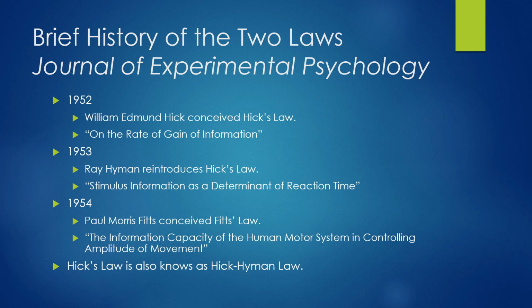The year after that, in 1954, Paul Morris Fitts conceived Fitts' Law in "The Information Capacity of the Human Motor System in Controlling the Amplitude of Movement." It's a good fact that Hick's Law is also known as the Hick-Hyman Law, which you'll see later in the presentation.